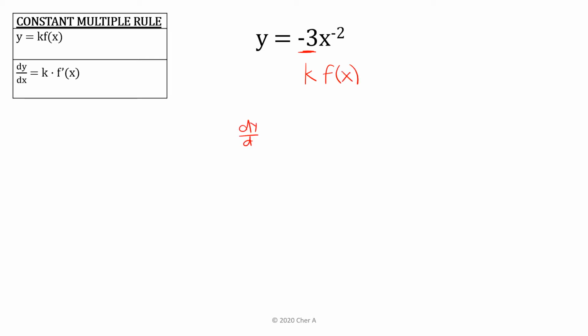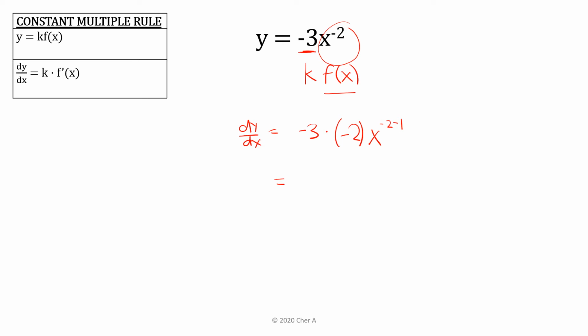So differentiating this, remember, our k remains multiplied by the differentiated f(x). So how do we differentiate x to the power of negative 2? We bring down the power, x remains, the power minus 1 will be the new power.